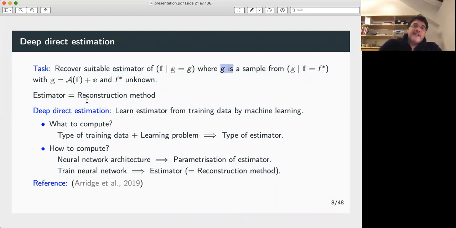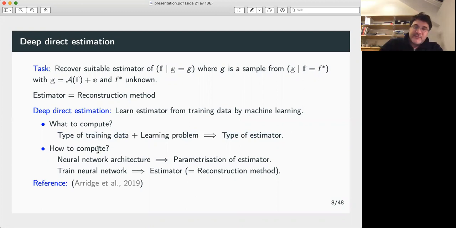Of course, you can then ask the question, which estimator am I supposed to recover? If you're going to learn this from training data, then that is determined by the type of training data you have access to and the way that you phrase your learning problem. And then the computational aspect is how am I supposed to do all this learning?